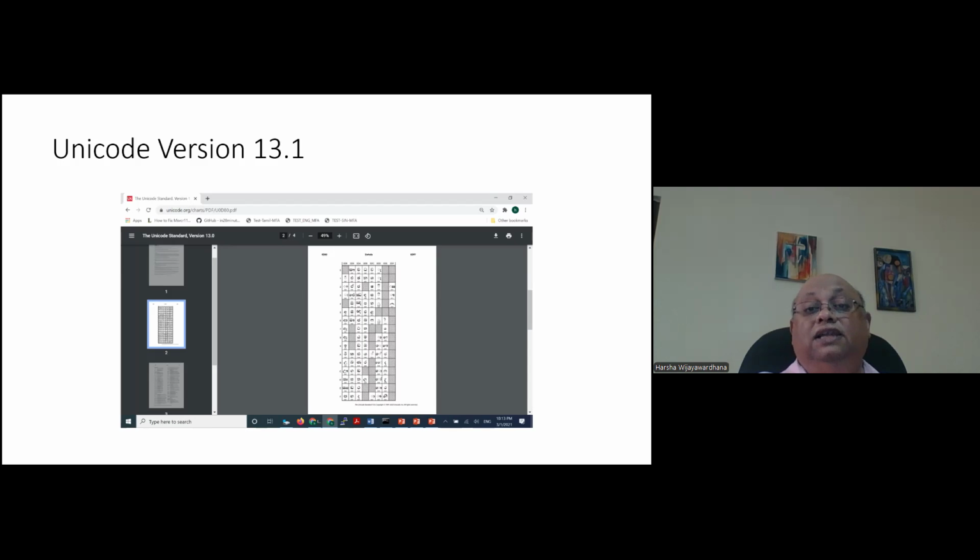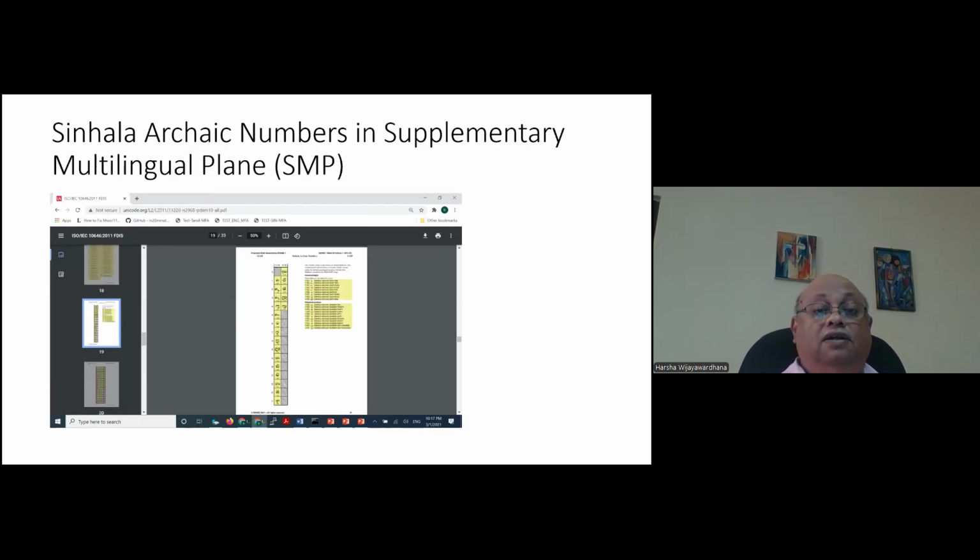So the Sinhala Ilakam is a set that is in the supplementary multilingual plane of the Unicode. So these are those numerals. We have a few others. We are yet to find fractions. We are also going to propose three signs in the future.